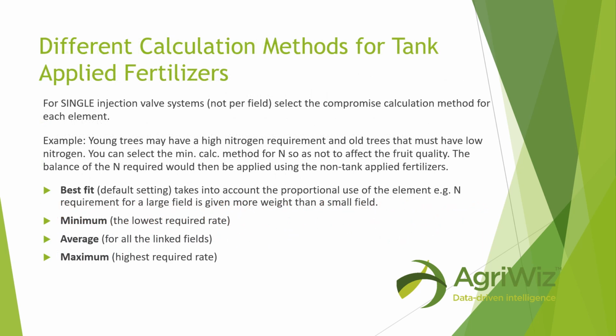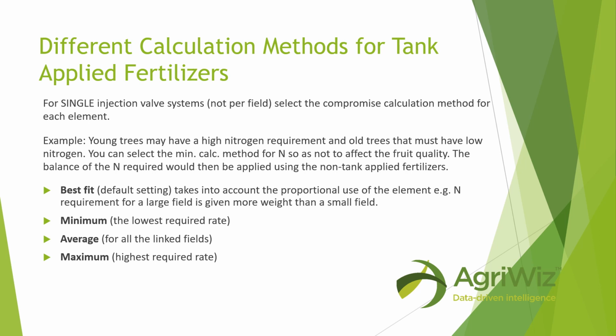Another example of how the AgriWiz program can be customized for your farm is the use of different calculation methods for tank-applied fertilizers. If you have a single injection valve system, that is, per tank and not per field, you can select the compromise calculation method for each element.